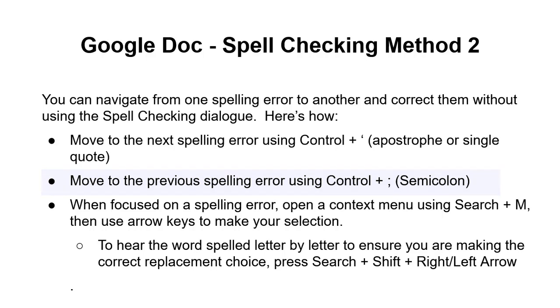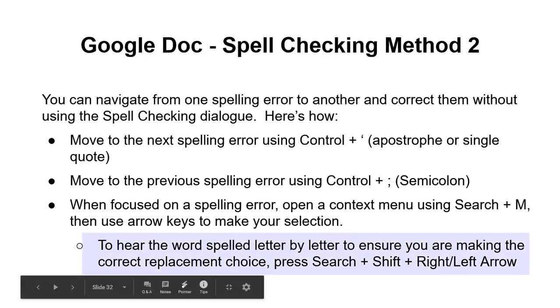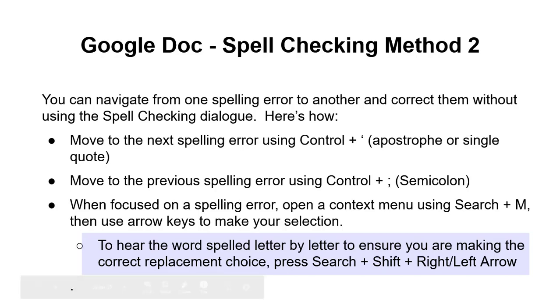So that's how you get back and forth between them. As you're focused on the spelling error, you're going to open a context menu using Search plus the letter M, just like we did before. Then use your arrow keys to select the word that you believe will replace that. To hear a word spelled letter by letter to ensure you're making the correct choice, press Search plus Shift plus right arrow and or left arrow.